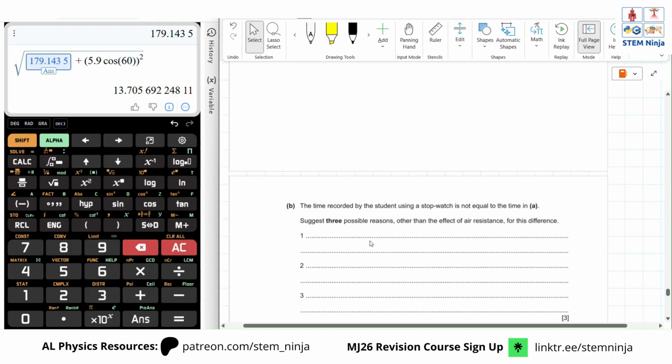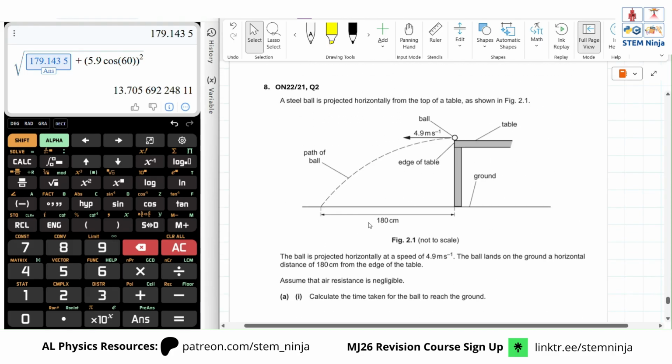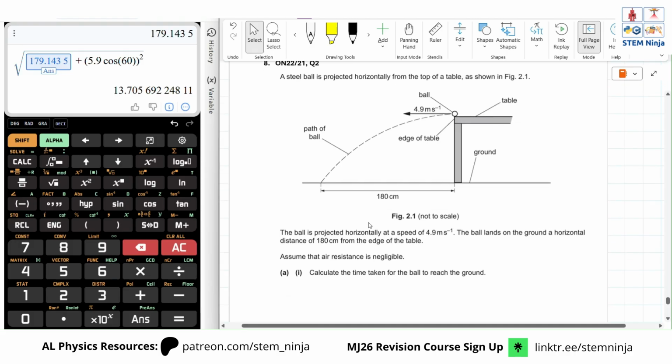This is straight vertical motion. Right. A steel ball is projected horizontally from the top of a table. A ball is projected horizontally at a speed of 4.9 meters per second. The ball lands on the ground at a horizontal distance of 180 centimeters from the edge of the table. Assume that the air resistance is negligible. Calculate the time taken for the ball to reach the ground.